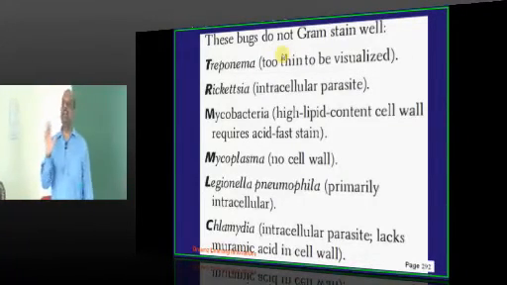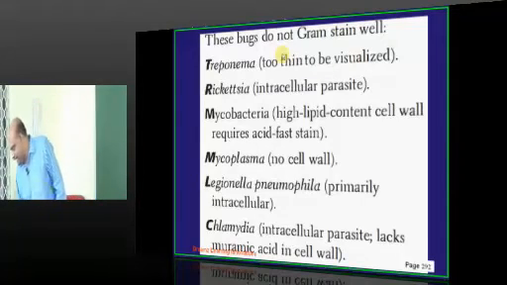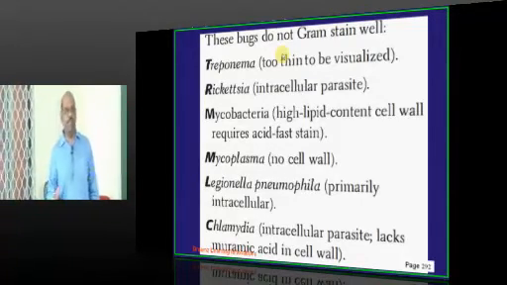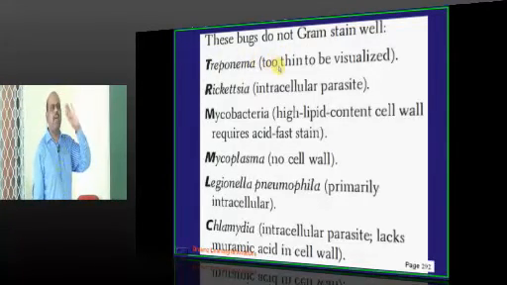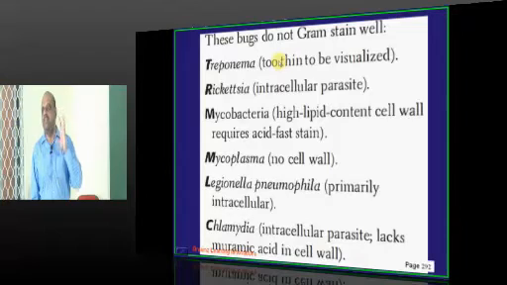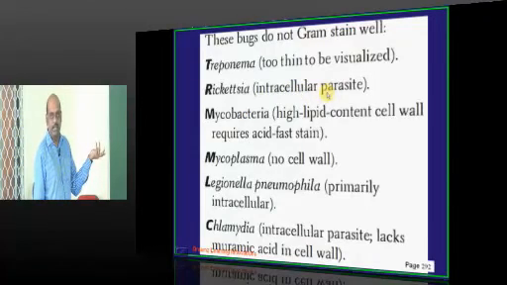There are some bugs which do not stain with Gram stain. We get answers as Mycoplasma, Chlamydia, Legionella, varied answers. Treponema, it is very thin, so it can't be visualized. Rickettsia, intracellular, hence it won't.